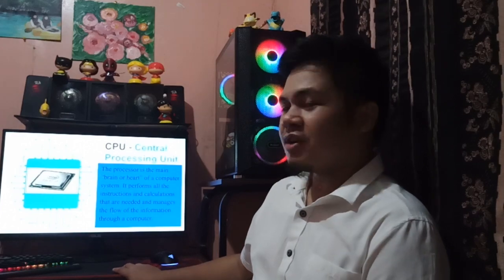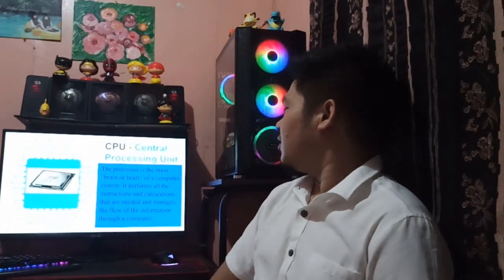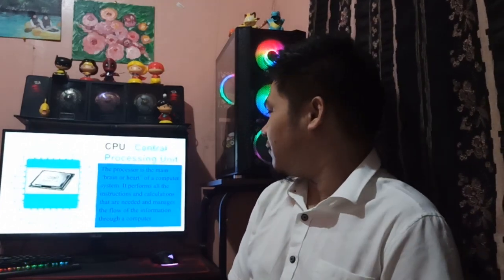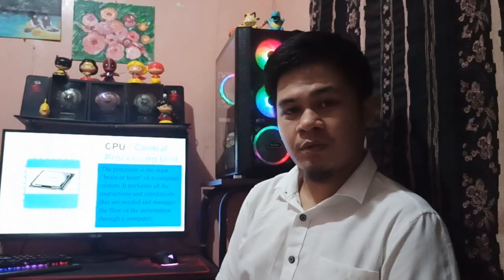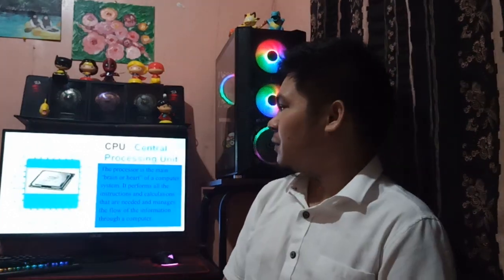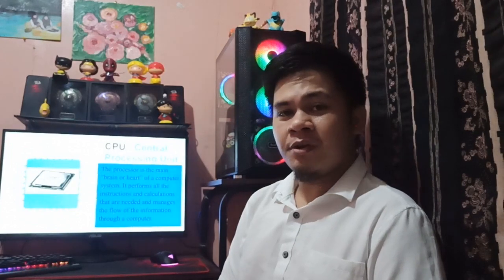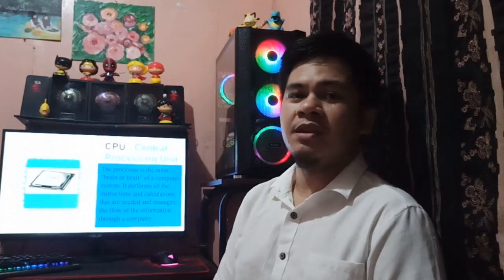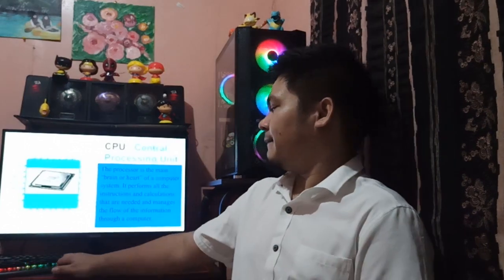It performs all the instructions and calculations that are needed and manages the flow of information in a computer. Examples of CPUs are Core i7 and AMD A8. Those are CPUs, or central processing units.